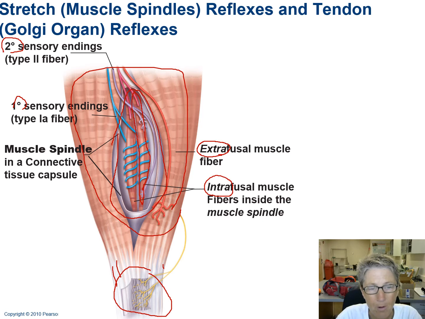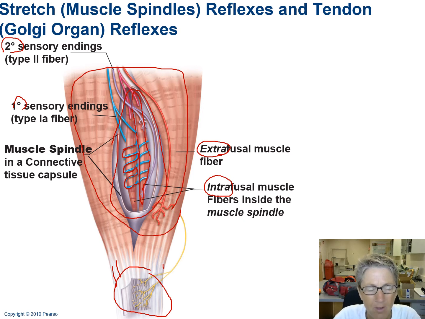So the primary sensory endings, these are sensory afferent neurons, and do you see how they're wrapped around the intrafusal muscle fiber, so that they can sense or detect the degree of stretch or tension on this intrafusal muscle fiber.